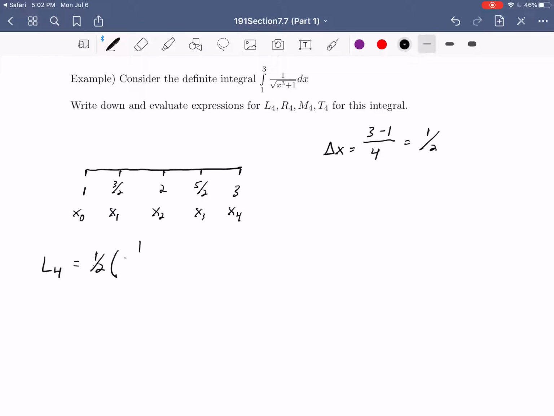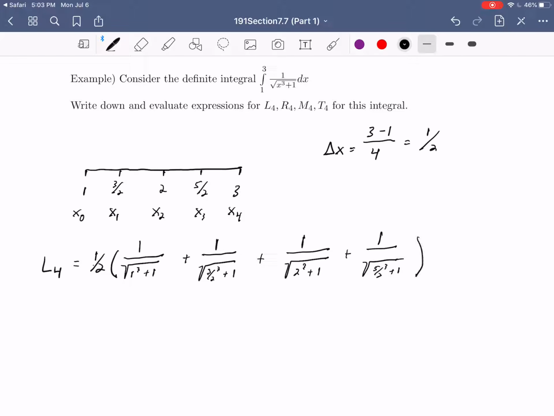So it's going to be 1 over the square root of 1 cubed plus 1 plus 1 over the square root of 3/2 cubed plus 1 plus 1 over the square root of 2 cubed plus 1 plus 1 over the square root of 5/2 cubed plus 1. And there we go. Just for fun, I'll go ahead and label for left end approximation. We are using these 4 approximating points.